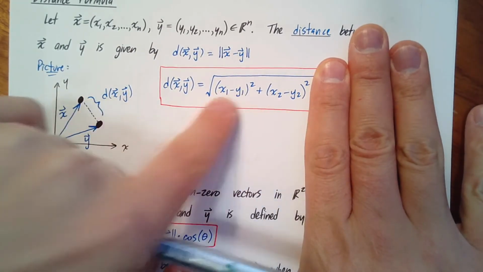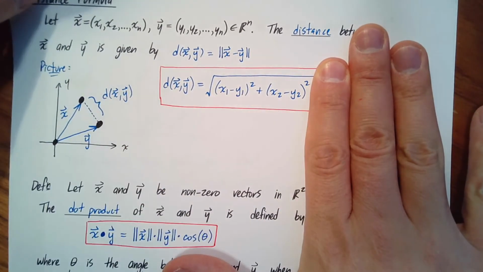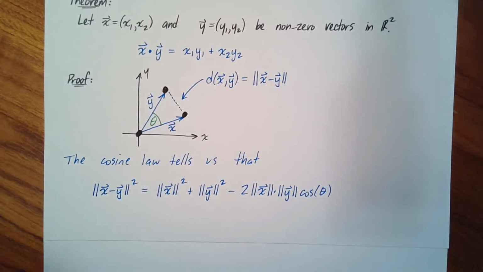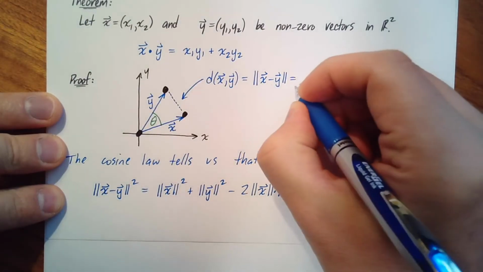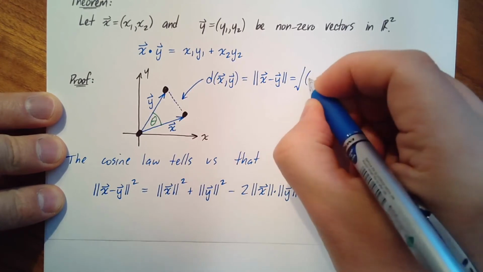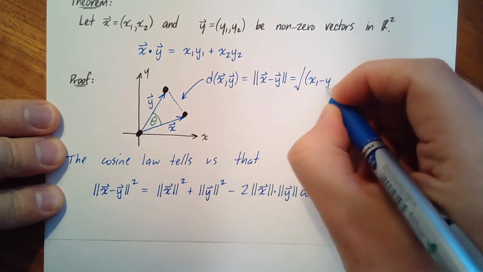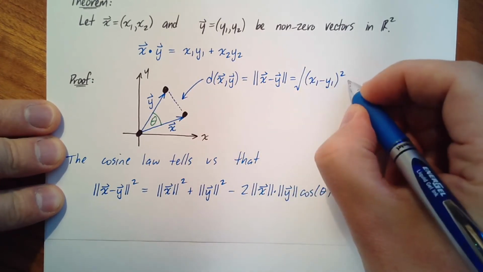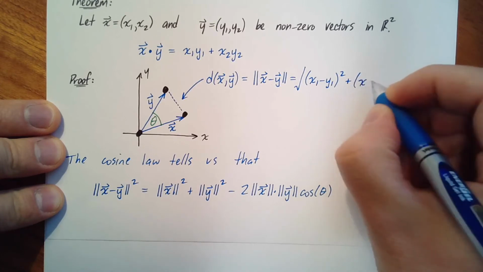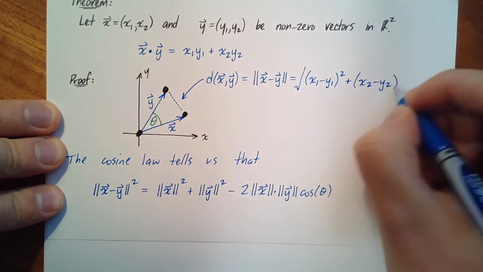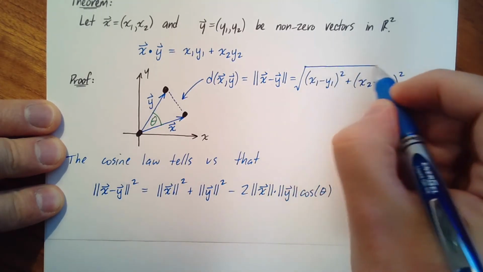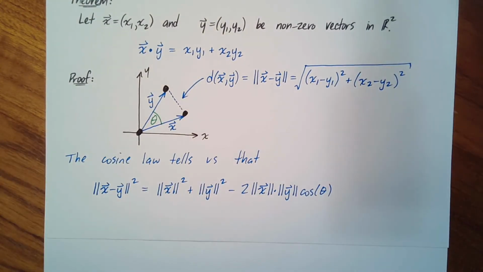This is really going to be the norm of x minus y here. So that's where that's coming from. We're going to get the square root of x1 minus y1 all squared plus x2 minus y2 all squared. Okay, that's how we can work this out.